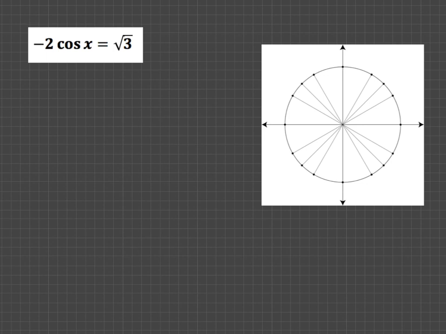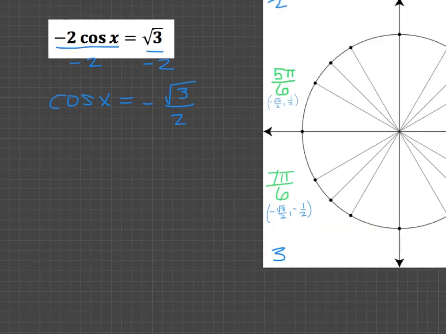Let's solve this equation for x. First, we want to get that trig function by itself. Divide both sides by -2. We have a negative cosine. That is going to give us an angle in quadrant 2 and quadrant 3. So the angles that have cosine of negative square root 3 over 2, the angles that have x coordinate of negative square root 3 over 2, are 5 pi over 6 and 7 pi over 6.